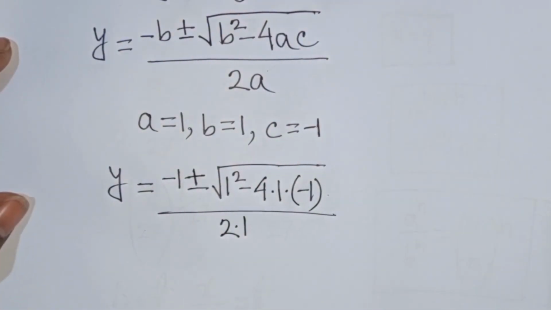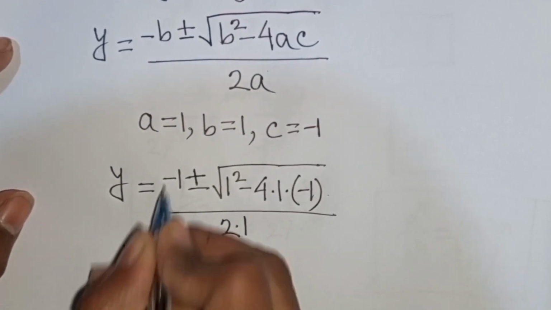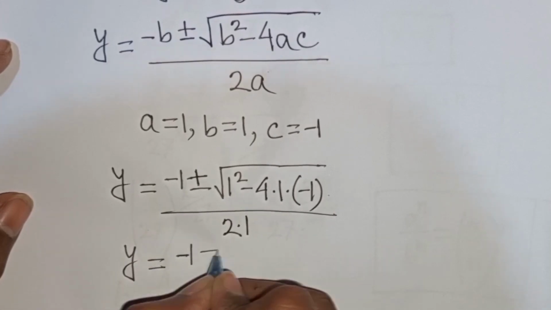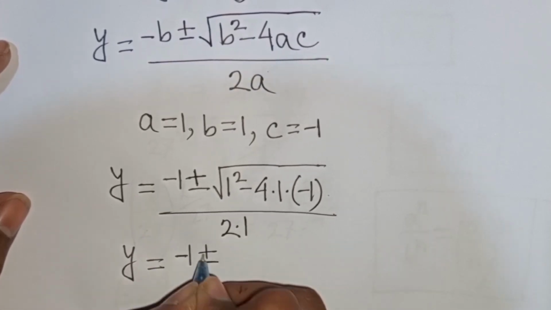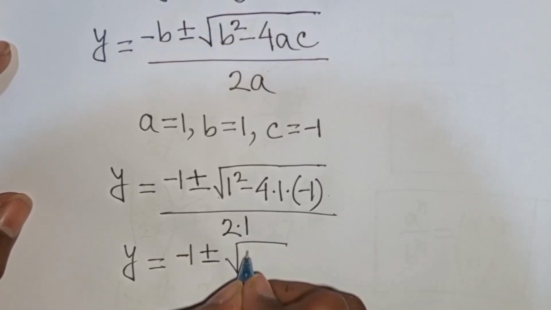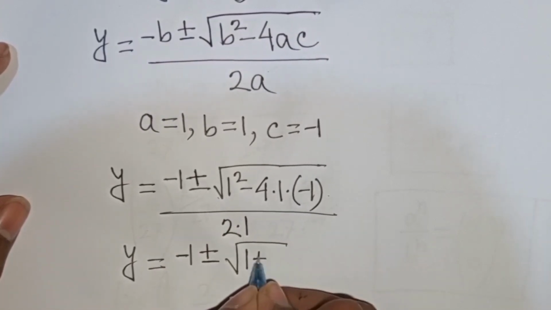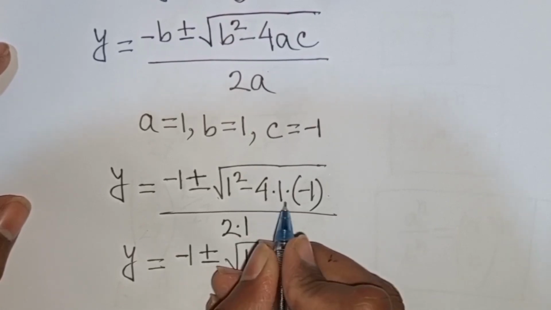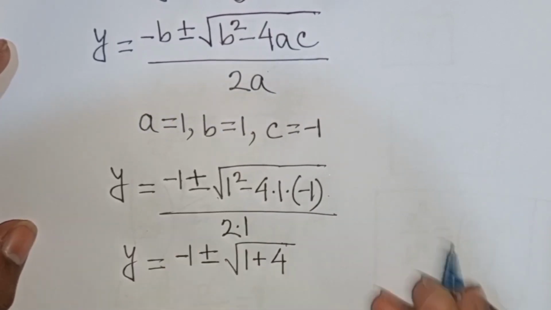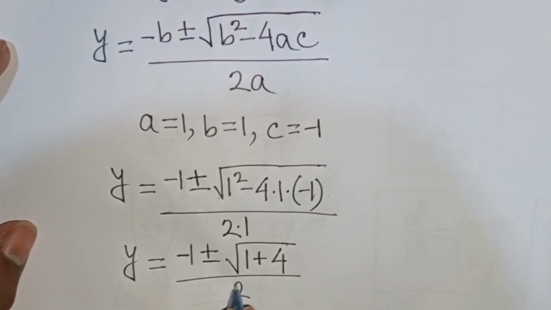Now we can write here y is equal to minus 1 plus or minus square root of 1 square, which is the same as 1, then minus times minus, that means it will be plus, then 4 times 1 times 1, that means it will be 4, then divided by 2 times 1, that means 2.